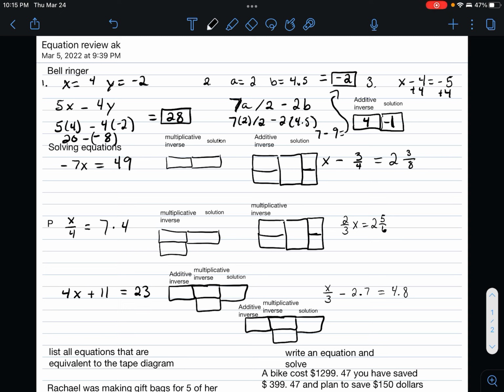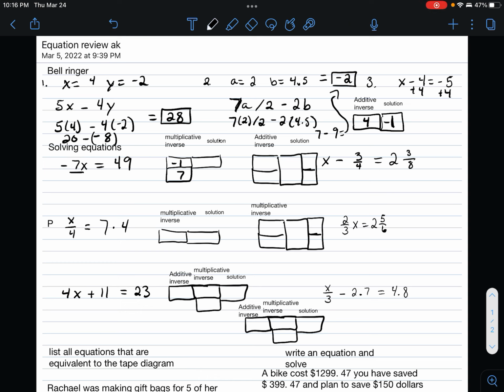Okay, next one, same thing, solving equations. And so we are looking for the additive inverse or multiplicative inverse now. So we are given negative 7x equals 49. So we're multiplying by a negative 7. The multiplicative inverse would be negative 1 over 7.